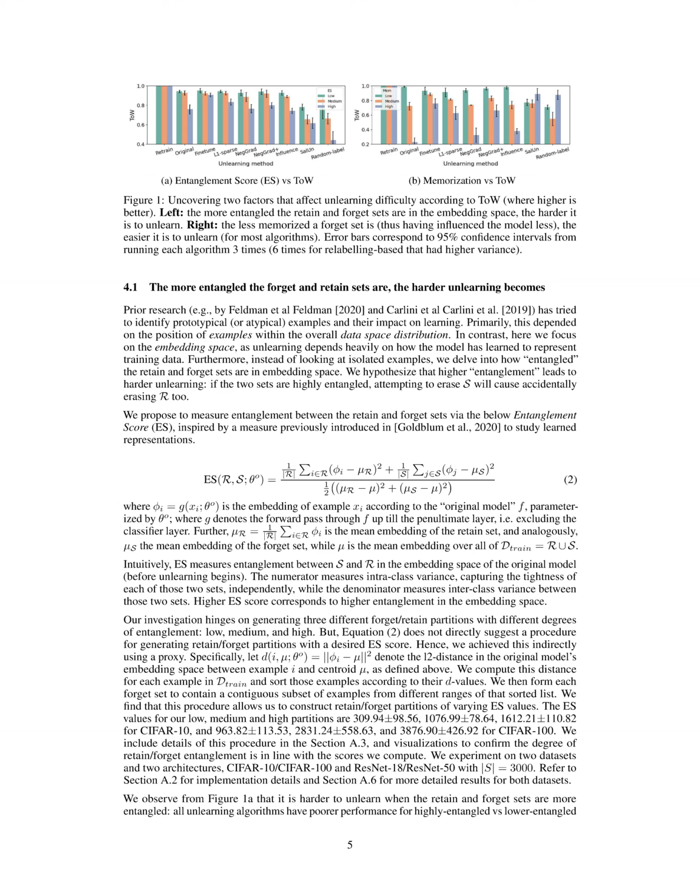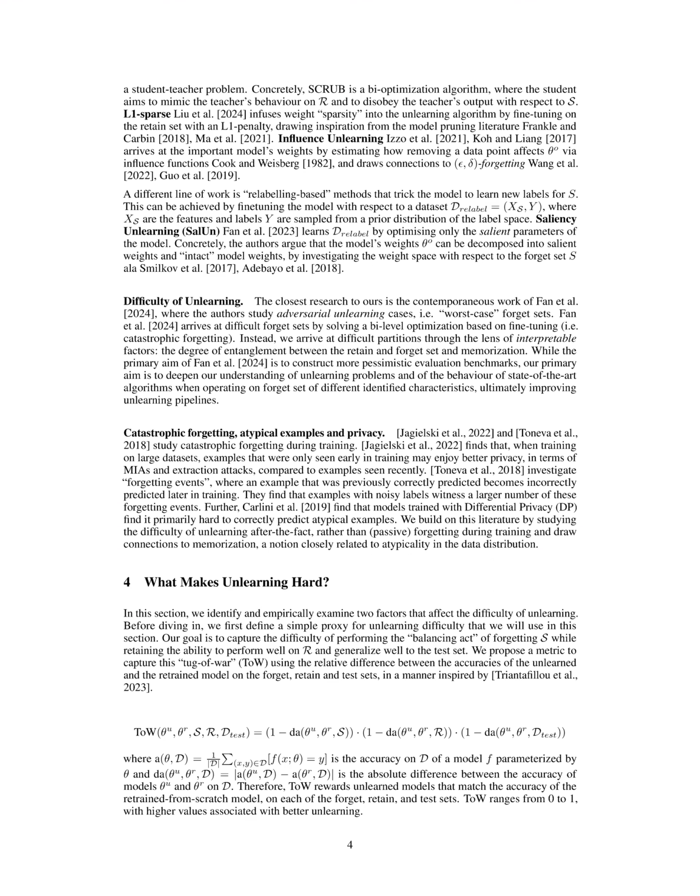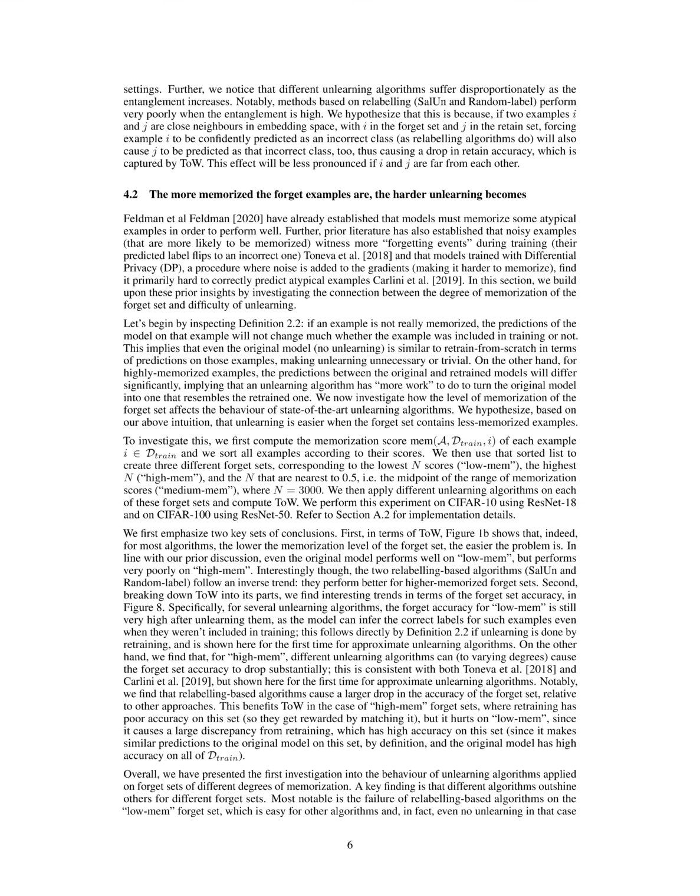This entanglement is measured using an entanglement score, S, which captures how tightly the retain and forget sets are clustered in the embedding space. Additionally, the paper explores how the degree of memorization of the forget set affects the difficulty of unlearning. It is found that highly memorized examples in the forget set make unlearning harder, as the model needs to work more to adjust its predictions for these examples.